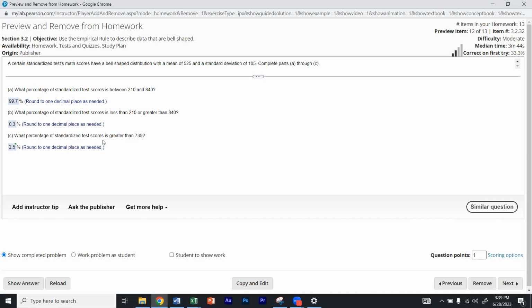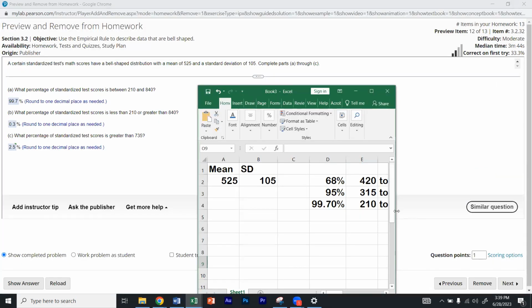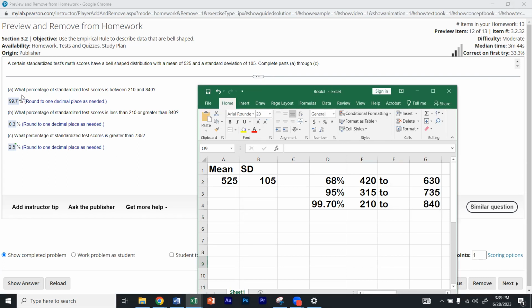Let me see, 525 with 105 as the standard deviation. And what percent of the standard score is in 210 to 840? That's what we got, 99.7. What percent of the standard score is less than 210 or greater than 840?